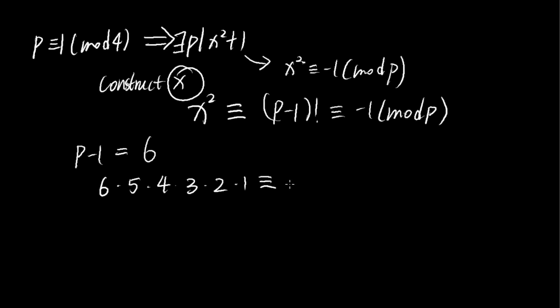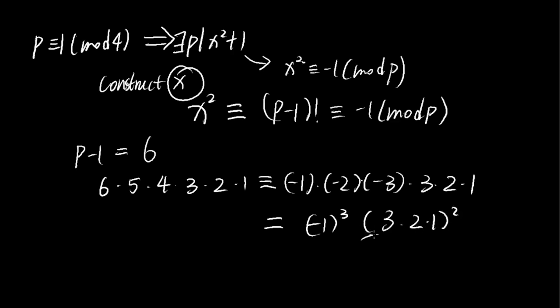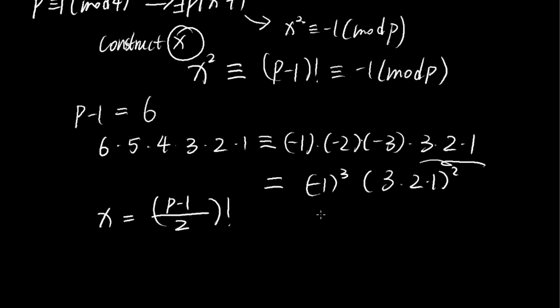This is exactly congruent to -1 times -2 times -3 times 3 times 2 times 1. We can combine the two and get some kind of square, and that's very nice. So we construct x using the factorial of half of p minus 1.